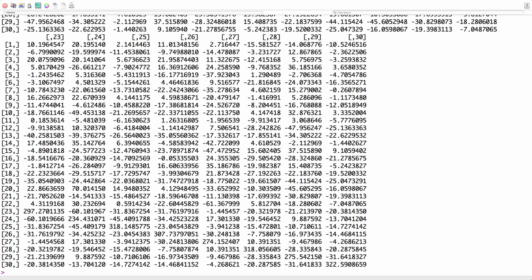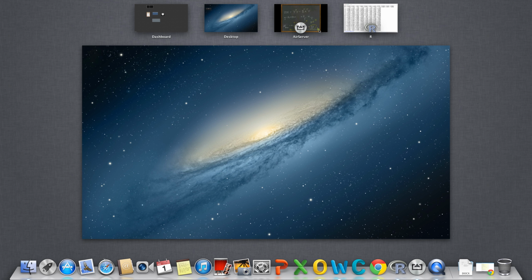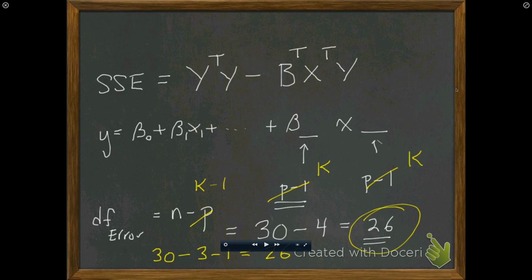Okay. Now, what I want to move into now is creating our Anova. And I want to get out of R and get back into the blackboard here.